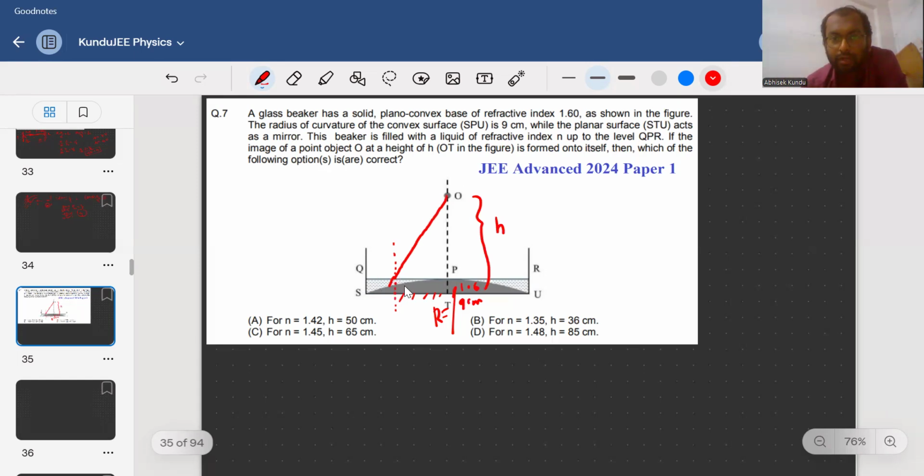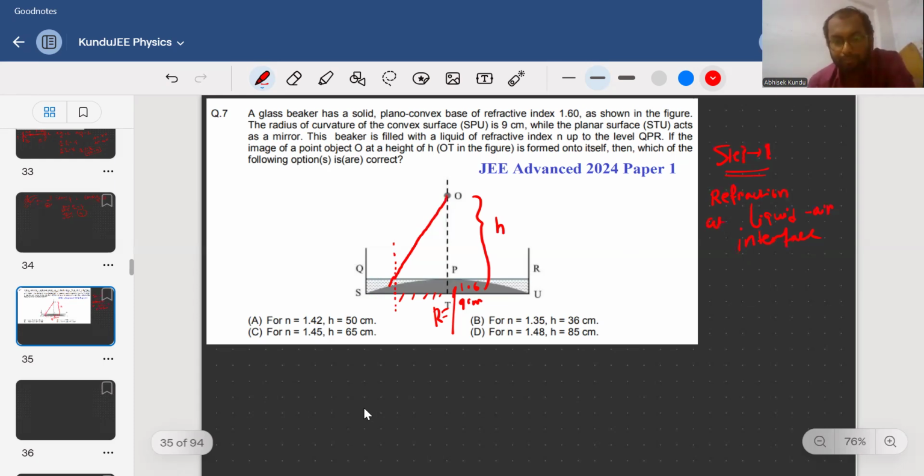So now let us do it step by step. So first step, what will happen? Step 1, let us consider the refraction at the liquid air interface. Okay.